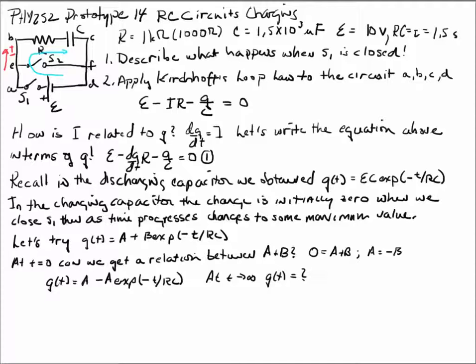Now, can we use another relationship to set what A is? Can we use the fact that as t goes to infinity, Q of t becomes Q max, the maximum charge on the capacitor, which in turn is equal to the EMF times the capacitance? So what is the equation?